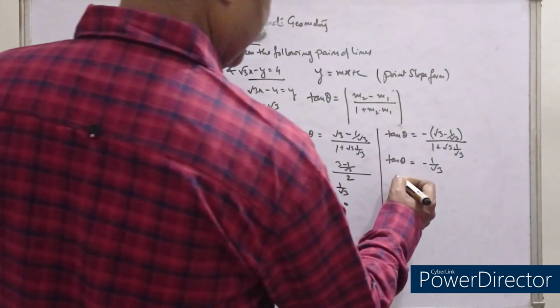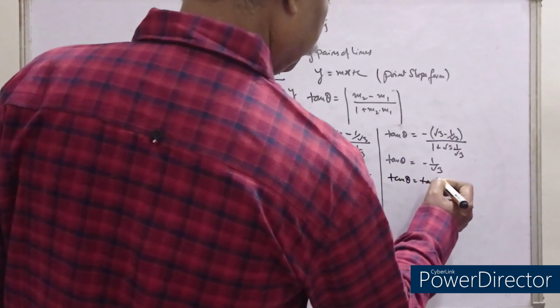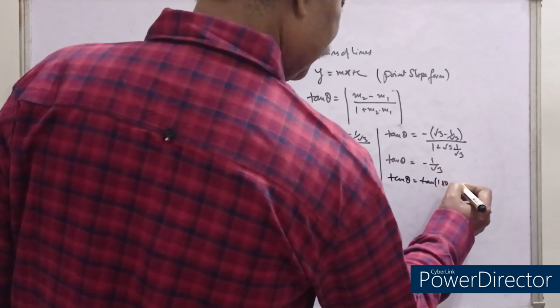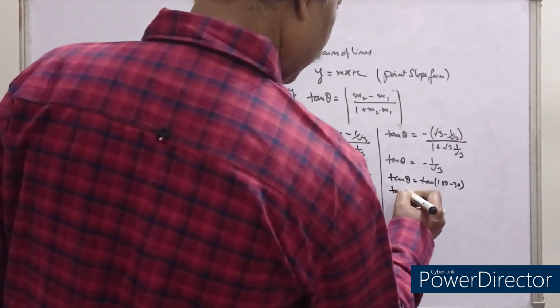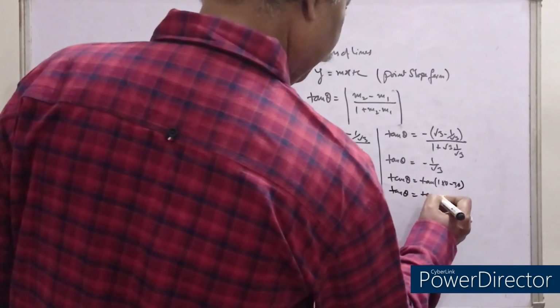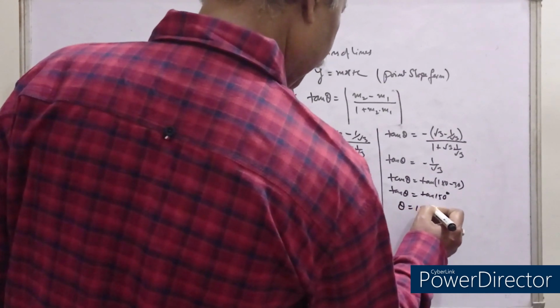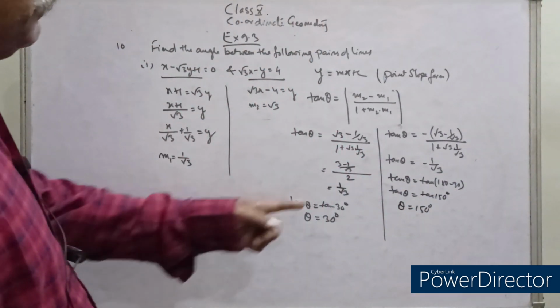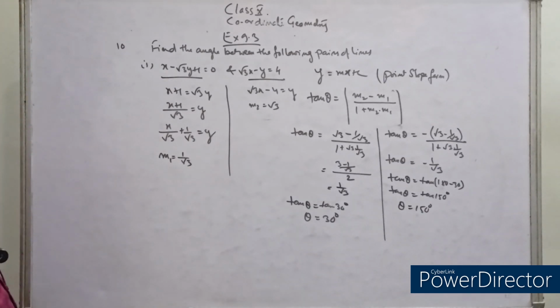So in the second quadrant, tan theta is equal to tan of 180 minus 30 degree. So this will be tan theta is equal to tan 150 degree. So theta is equal to 150 degree. You have to calculate both these angles, then only your answer will be complete.